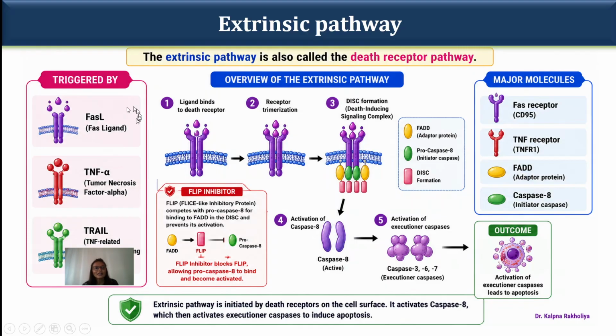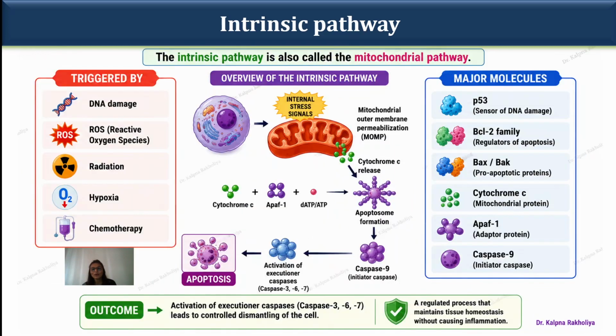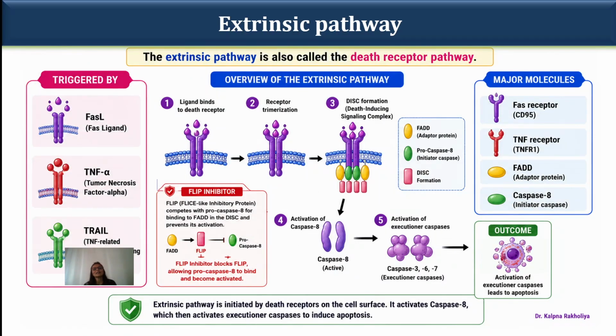The ligand binds to the death receptor present on the cell membrane. That receptor trimerizes and binds with FADD and procaspase 8. In the intrinsic pathway caspase 9 is involved, while in the extrinsic pathway caspase 8 is involved.